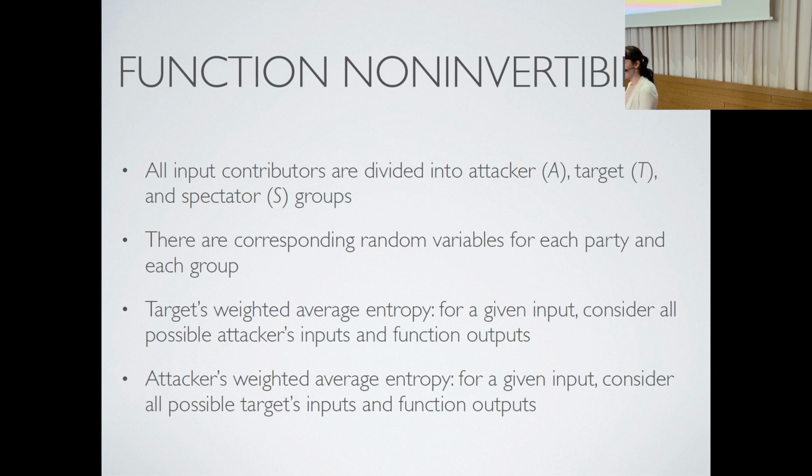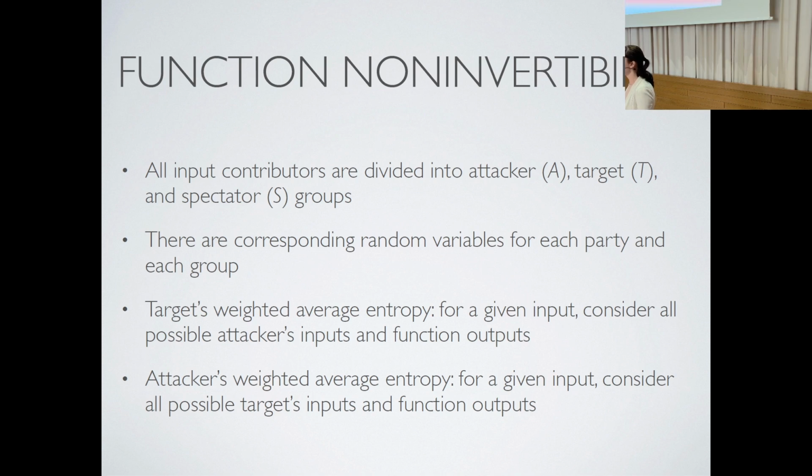Everybody is going to get the output from the function, and there are many different ways the adversary can set their input and receive certain output combinations and see what they can learn about me.